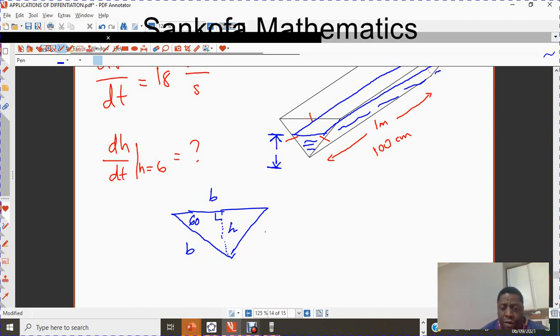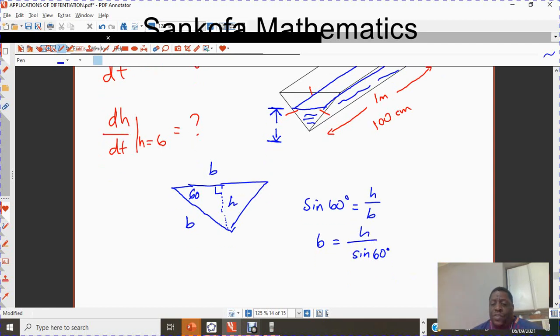In order for us to find a formula, using our ratios, and this is very important, we are going to say the sine of 60 degrees is equal to h over b. So we are looking for h, so we're going to make b the subject of the formula. So b will be h divided by the sine of 60 degrees.